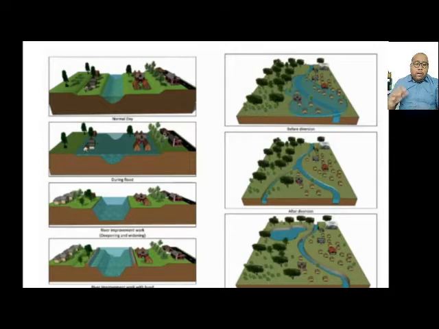Sebab sungai ni muka bentuk dia selalu berubah. Maksudnya bila kita dalamkan lagi, dalam certain masa dia akan cetek balik, because that is a natural phenomenon, due to the erosion from sediment. And beside the river, you can see kawasan ni sebenarnya kawasan yang kita panggil floodplain, kawasan dataran banjir.